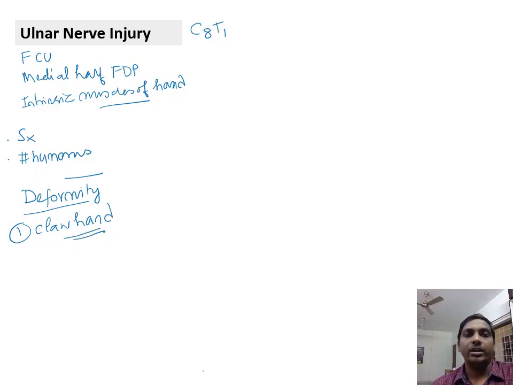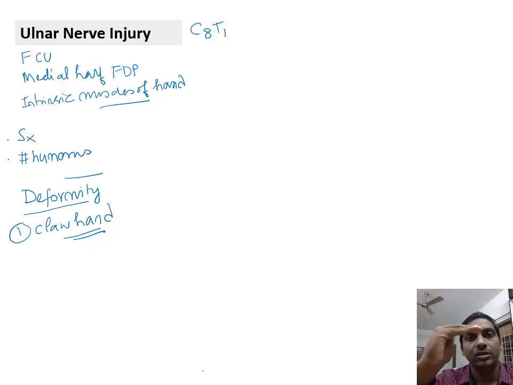So why does clawing occur? Generally the ulnar nerve is responsible for the lumbricals, which cause flexion at the metacarpophalangeal joint. The lumbricals' actions are lost, along with the palmar and dorsal interossei actions.